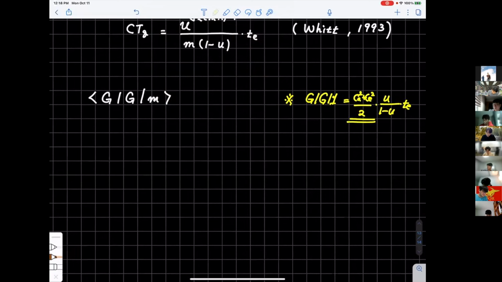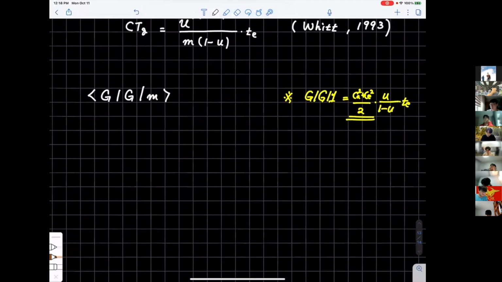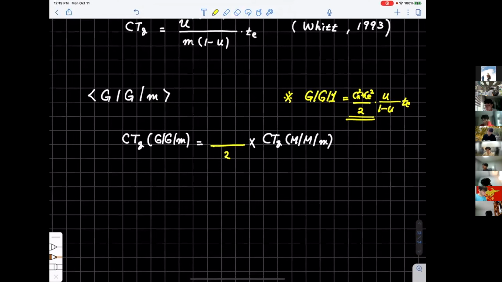In the same manner, Ctq of GGM can be approximated by multiplying the same fraction, the same terms here.